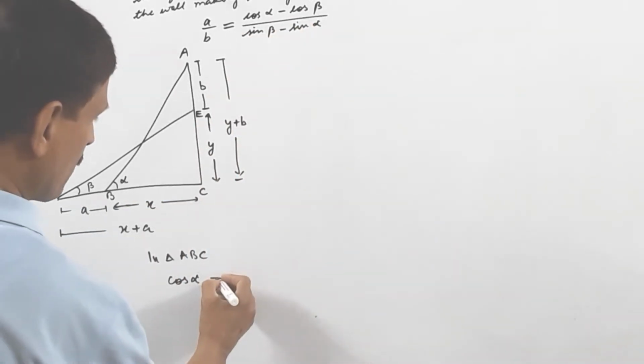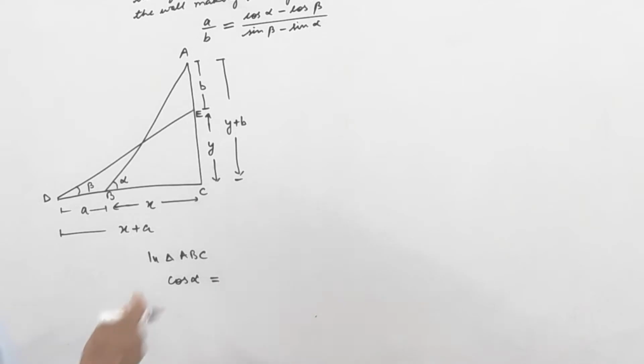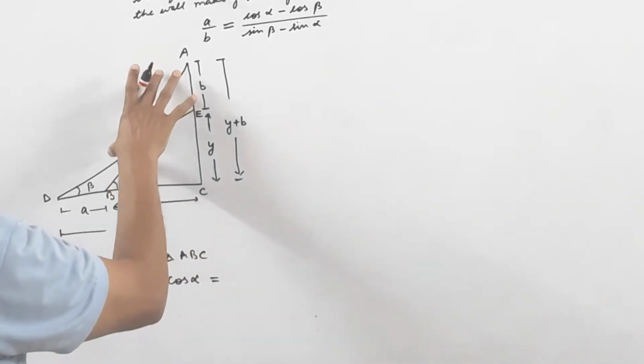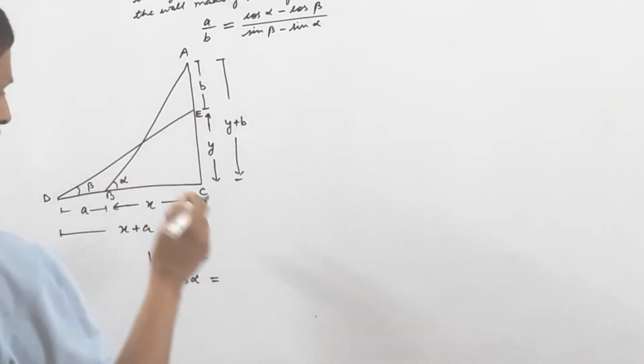Cos alpha is equal to base BC upon hypotenuse AB, x upon AB.